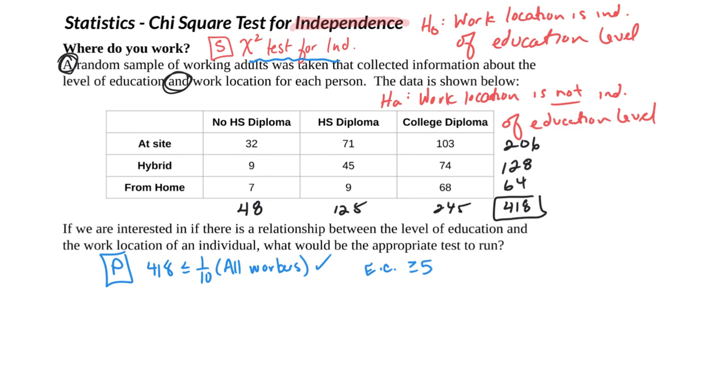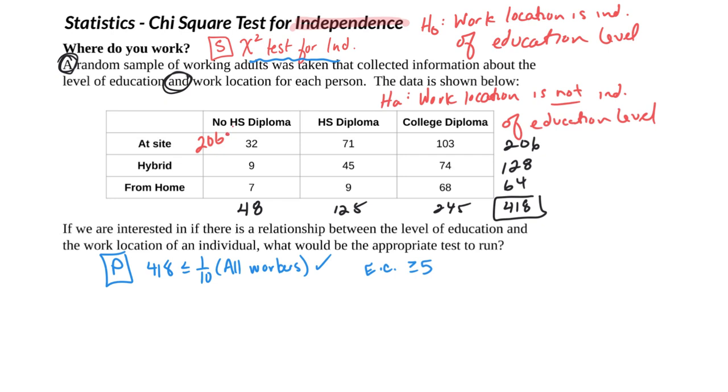How many people that had a high school diploma worked at a site, and then reallocate that to here. And the formula is really how many people are in a row. So if I were going to fill in this first cell, I'd say there are 206 people in that row. And how many people are in that column?